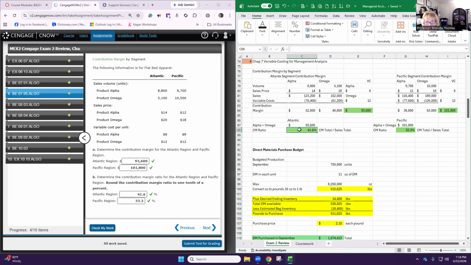So here's how I'm getting this. I am taking C87, which is 93,600. That's the total contribution margin divided by these two sales added together. Okay. And this is going to be a percentage. So they want it to one decimal place. So I got 41.6.